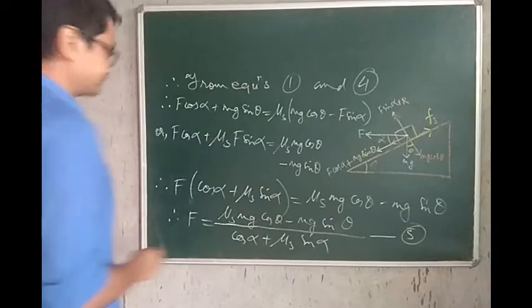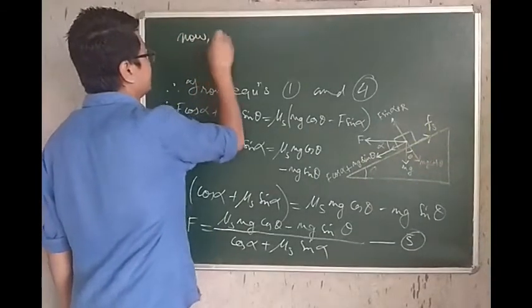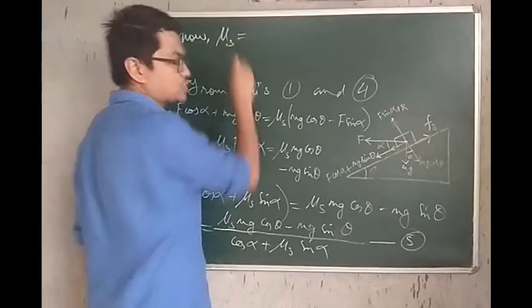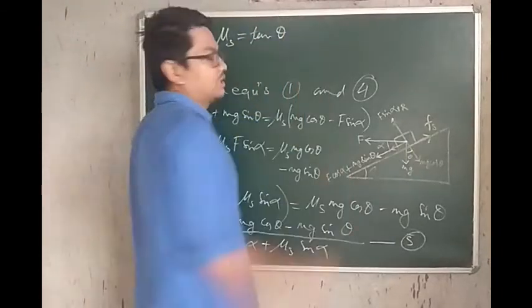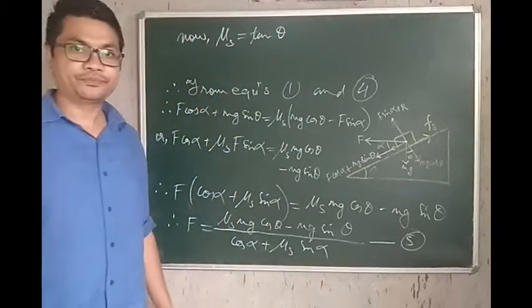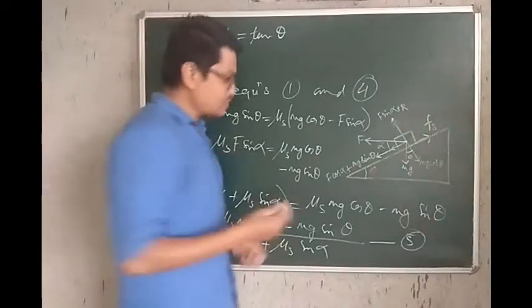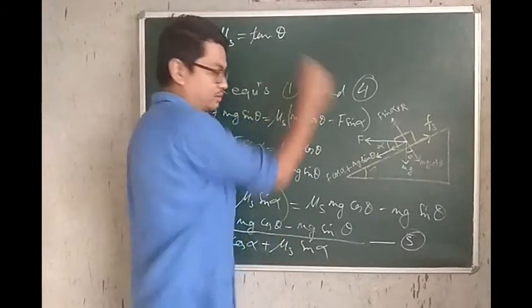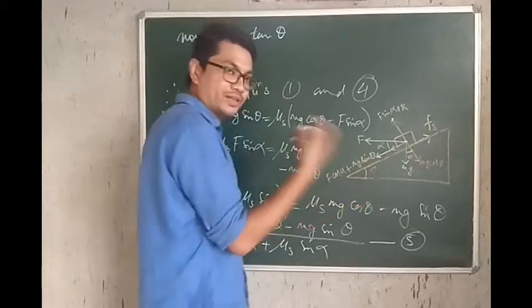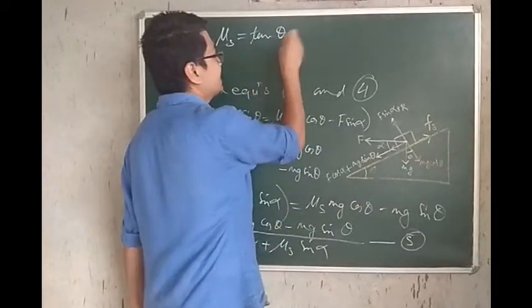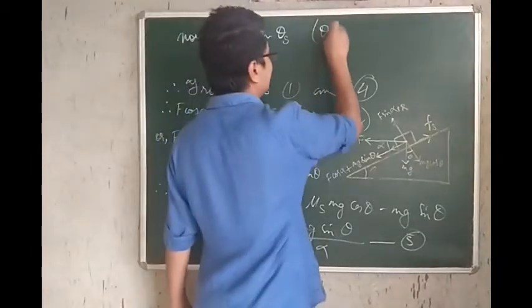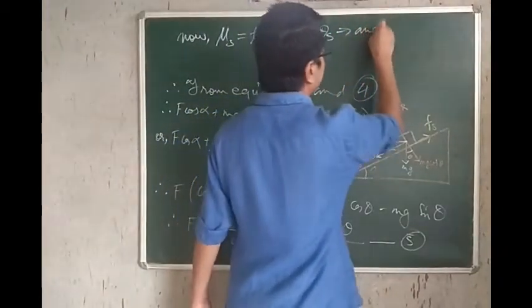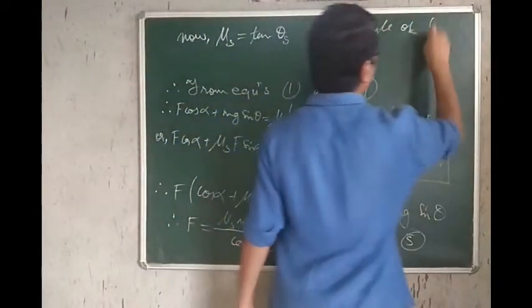Now the coefficient of static friction can also be written as the tangent of the angle of friction. Just to differentiate the angle of friction from this angle of inclination, let me write theta_s for the angle of friction, where theta_s is the angle of friction.